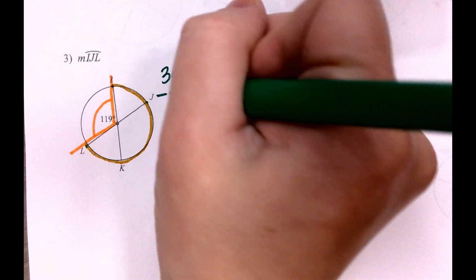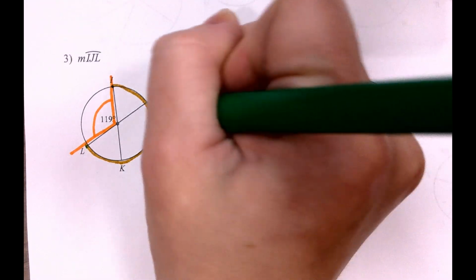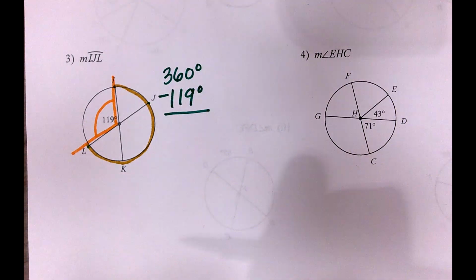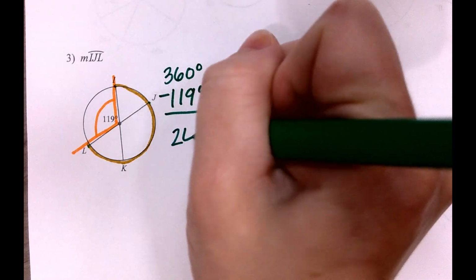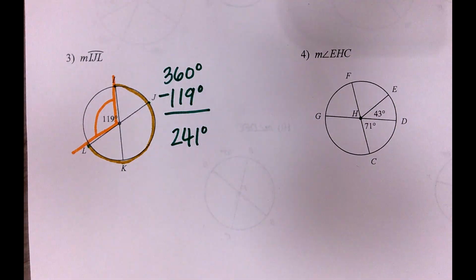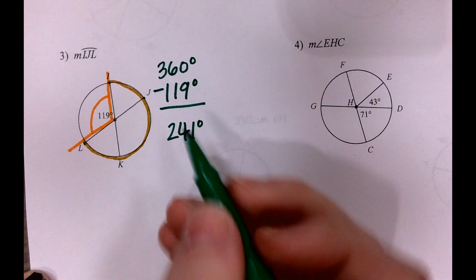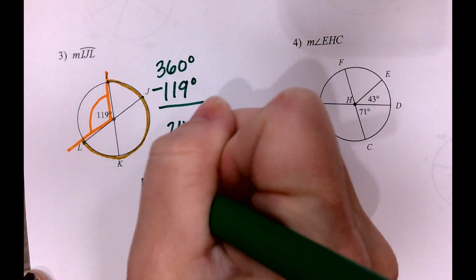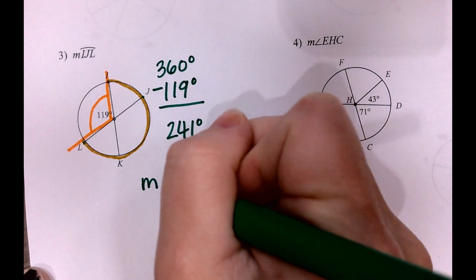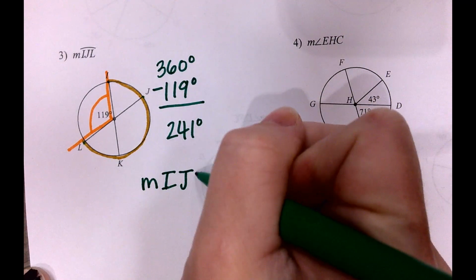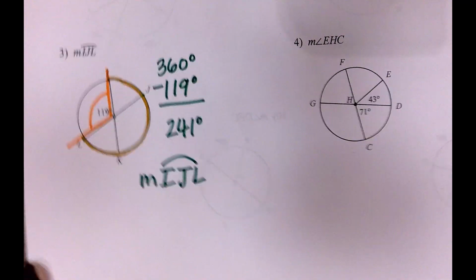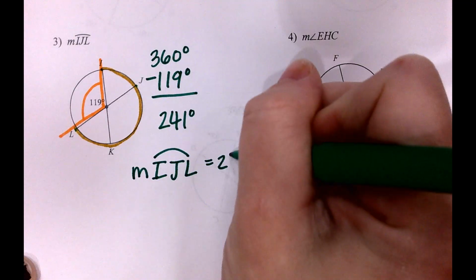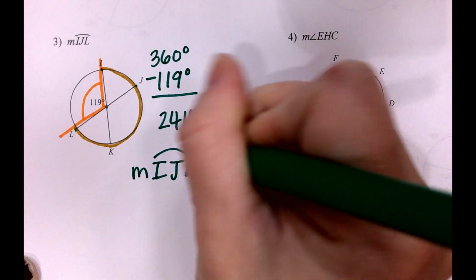Just subtract 119, which is 241. So we'll say the measure of arc IJL is 241 degrees.